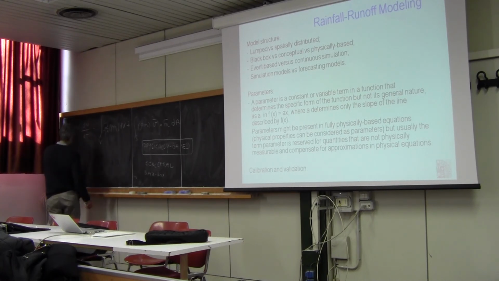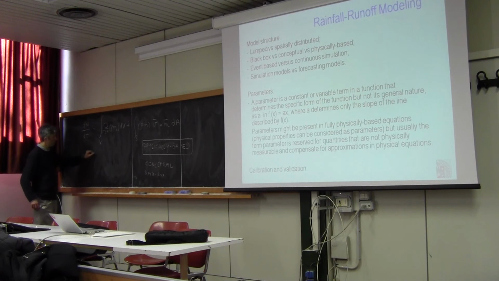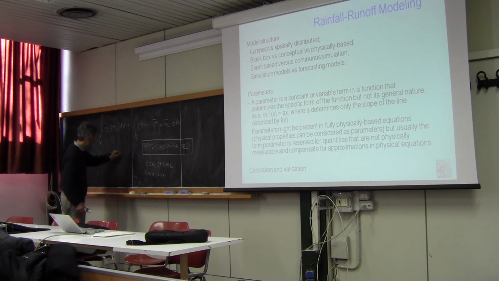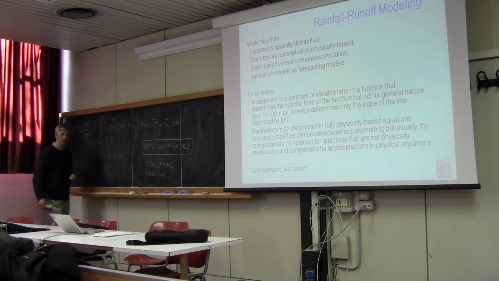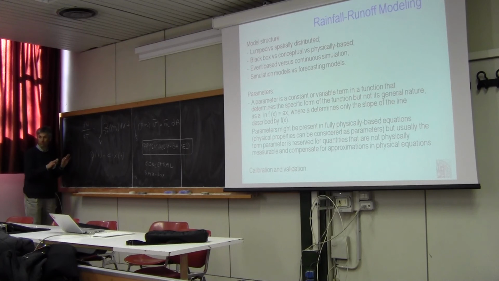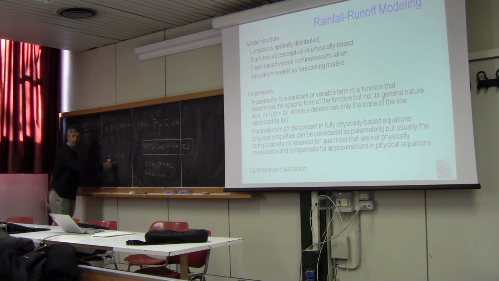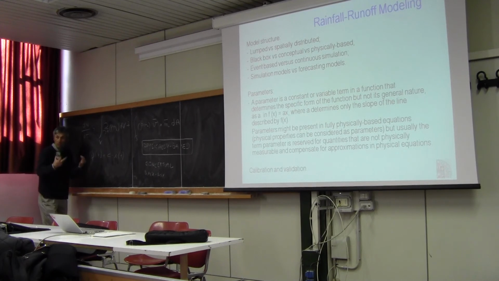Let's suppose that you express your river flow with a black box equation, like Q(t) is equal to a constant C that multiplies rainfall at the same time. Okay? You can do that. You can model river flow as a function of rainfall at the same time through a very simple equation like this. Maybe it works. You can try it.